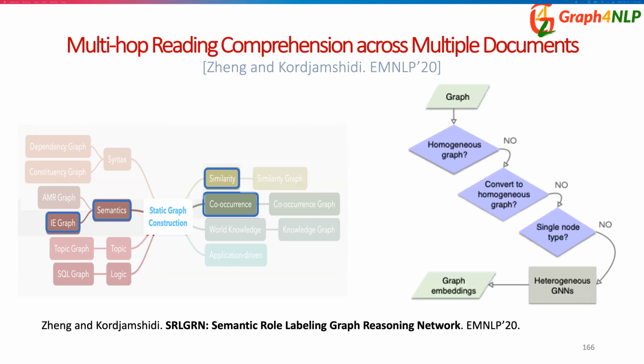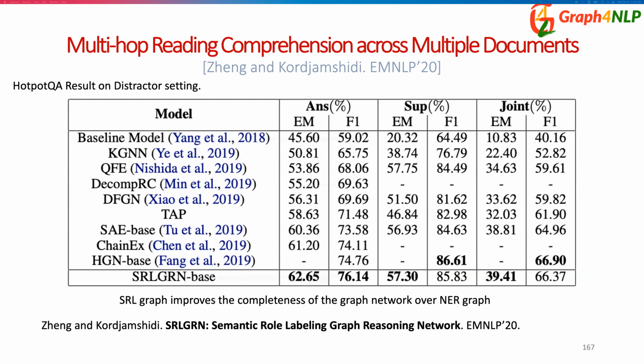Similar to what we have seen before, this also constructs a static graph. So once the graph is constructed, we don't really need to make much change. This particular work is evaluated on another data set called HotpotQA. And you can see here, this new model, compared to the existing work before it was proposed, is much more accurate and improves a lot of aspects of the model.